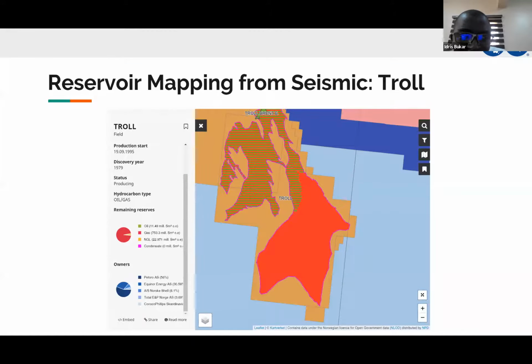Because obviously seismic is the best thing we can use to map these reservoirs. I don't think anything else comes close. And then you can see some of the details about the field and what have you.